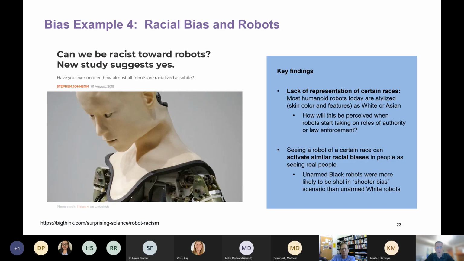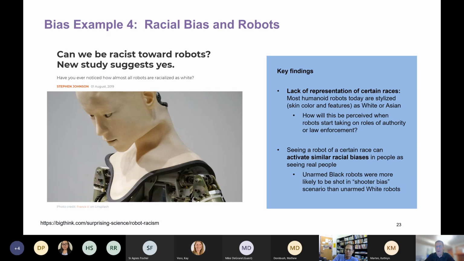Here's example 4, robotics. Robotics was one of the topics, I think we covered it 2 weeks ago. And 2 interesting features, and I had never thought about this before. The first question that researchers addressed: if you see a robot and the robot looks white or Black or Asian, do we treat the robot with racial prejudice based on that look?